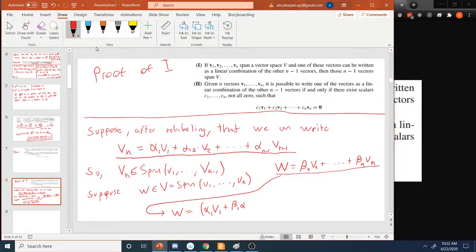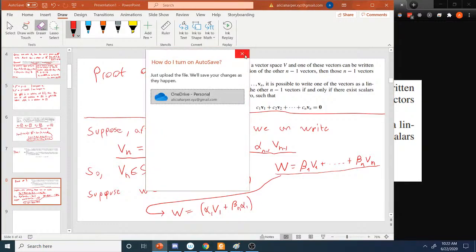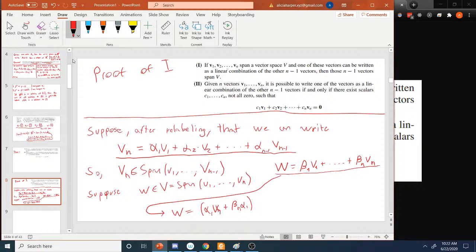So I'll have beta n times alpha 1. Hold on. Let me get rid of that. And now this is correct.